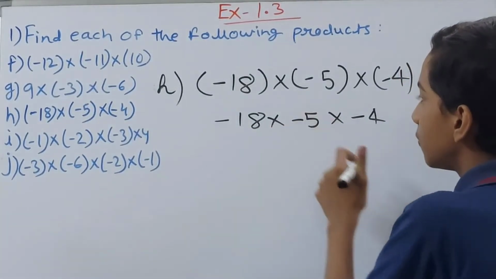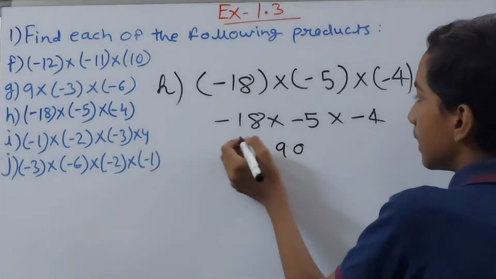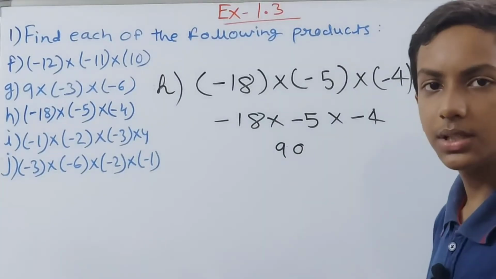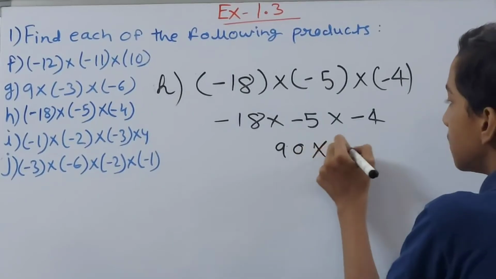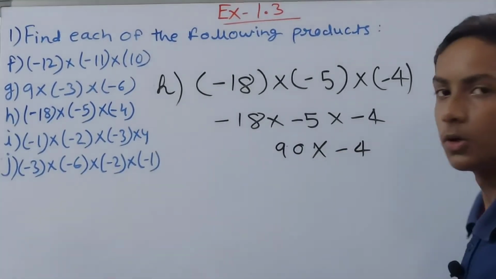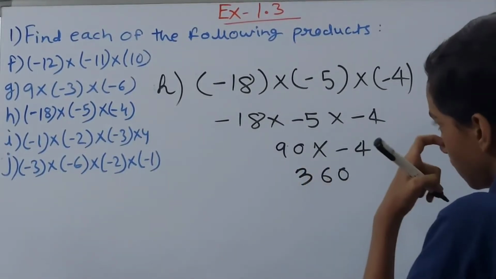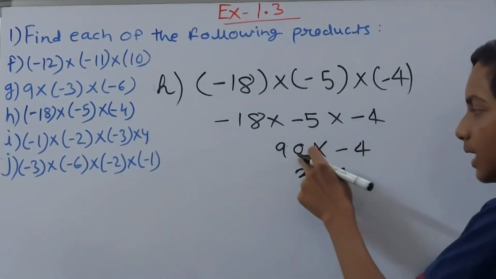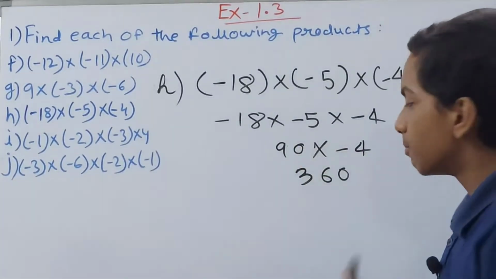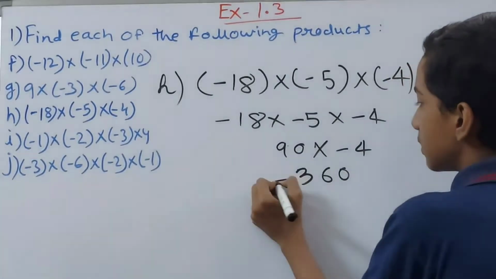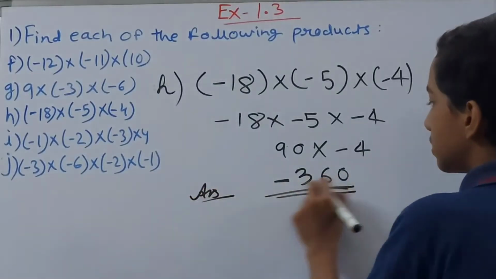So 18 into 5 is going to be 90. Alright, and both of them have the same signs, so just leave this number like this, plus sign it is indicating. Now 90 into minus 4, right? This will be 90 into 4 is 360, because 9 into 4 is 36, and this 0 will be as it is. Now minus and plus becomes what? Minus, right? So you put the minus sign here. This becomes our answer, that is minus 360.